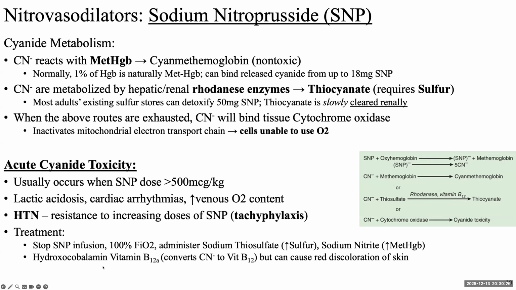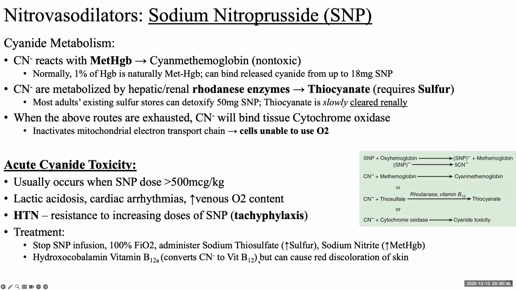And there's also something called hydroxocobalamin, or hydroxycobalamin. I'm not sure if that's supposed to be a Y there or not, but in other words, vitamin B12a, that helps convert cyanide to vitamin B12.